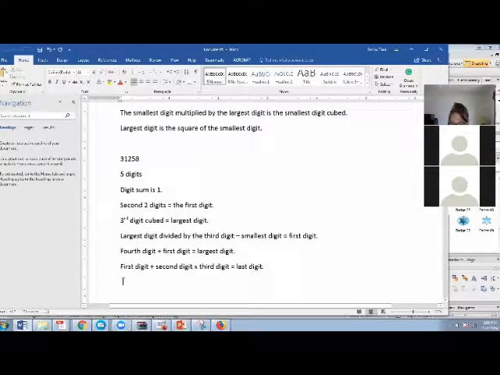Or I say the sum of the first digit and the second digit. Okay. Do you want sum? We can do that. Sum of, and then I'll get rid of this. Yes, because I like them in statements rather than equations.